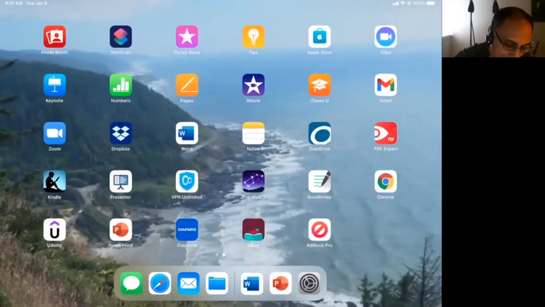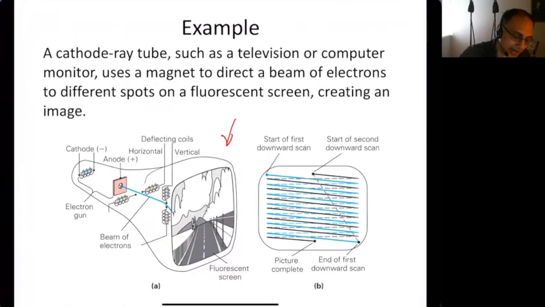So the way it worked was, you had an arrangement like this. This is called an electron gun. It fires electrons. And so this electron gun would send out these electrons, which would come out of this hole. But then you need some mechanism to guide these electrons to the right place on the screen, right? And so the way you would do that is you would use 2 magnetic fields.